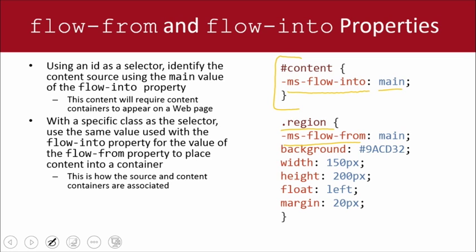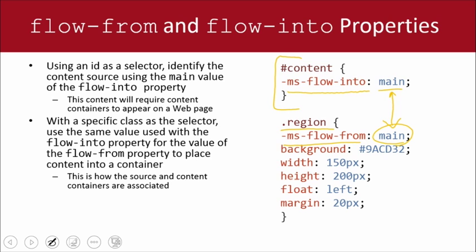Now we're going to set that flow from property's value to main as well. And these two things, for our region and for our content, are going to be the same exact value. This is how the source and the content are associated with each other and how we make sure that it flows into and flows from the same, or rather the specified, place. In this case, it's main.